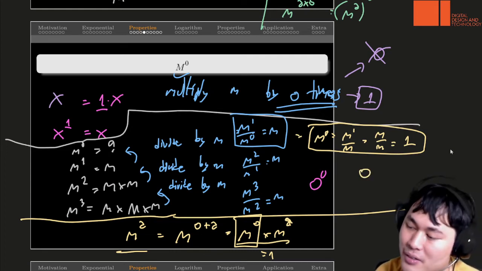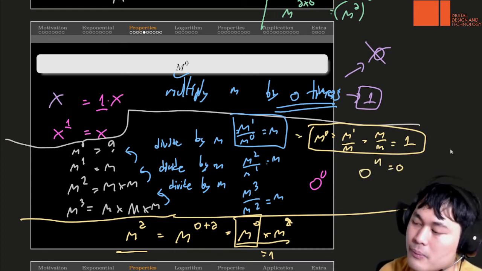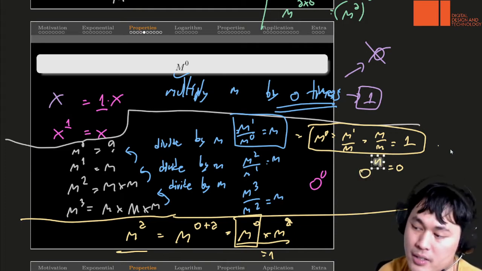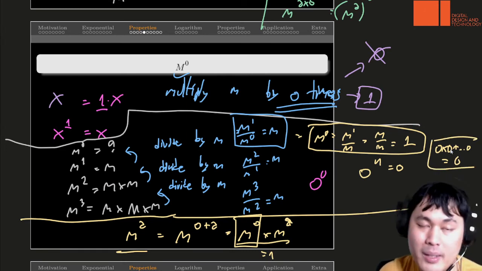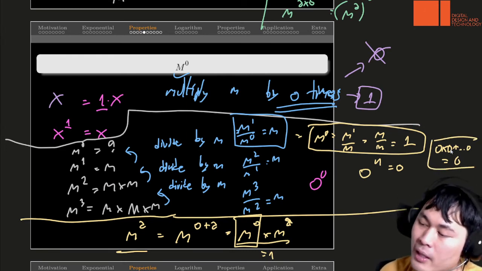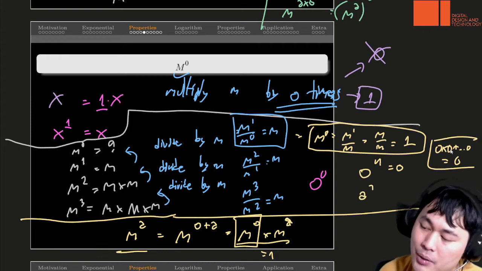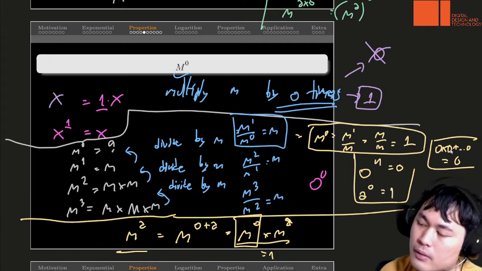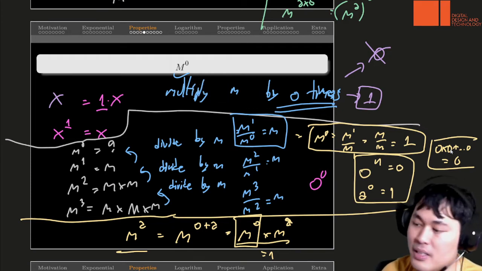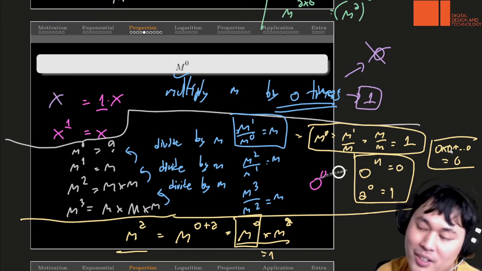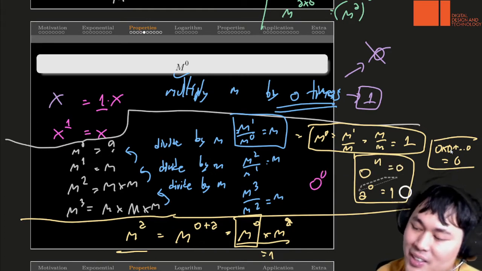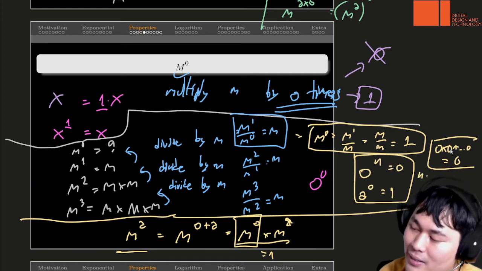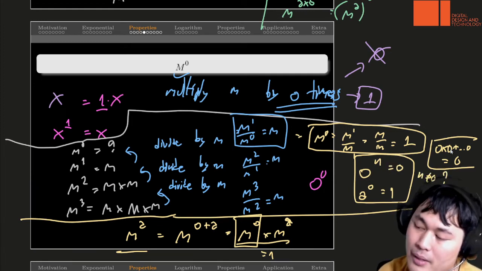We know that 0 to any power is 0, because by the definition, 0 times 0 times 0 gives you 0, no matter how many copies there are. But on the other hand, a to the power 0 is 1. So what is 0 to the power of 0 then? Do we have an exception for the first one where n can be 0, or for the second one where a can be 0?